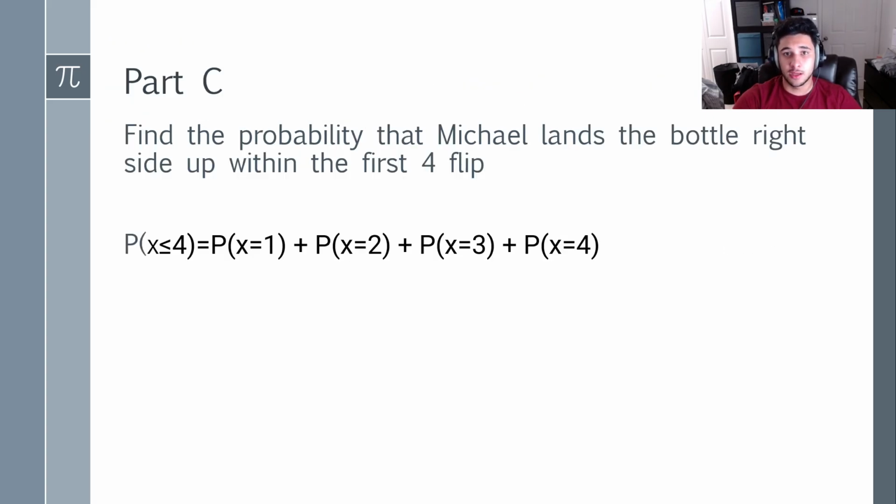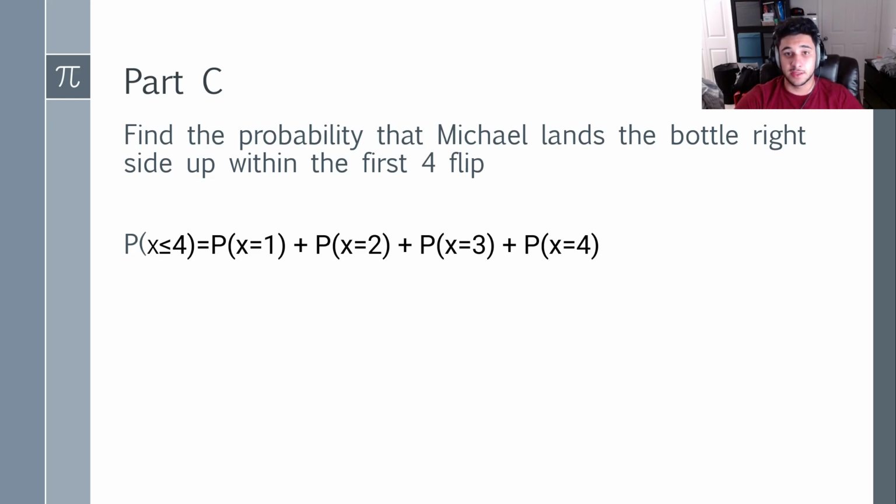Now, for part C, we're looking at the probability that he makes it in 1, 2, 3, or 4 flips. Since I'm looking at all of these probabilities, I'm going to add them all together. We already know that for one flip it is going to be 0.35, so we can already put that down. For 2 flips, it means he missed the first one and then made the second one, so we put down 0.65 times 0.35.